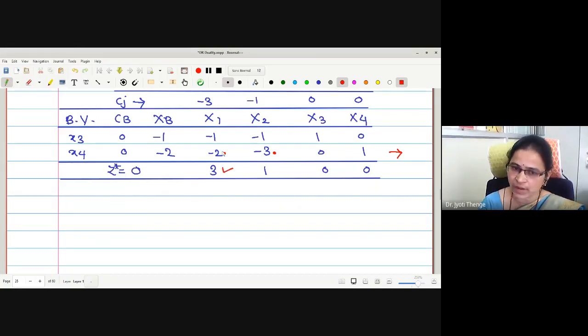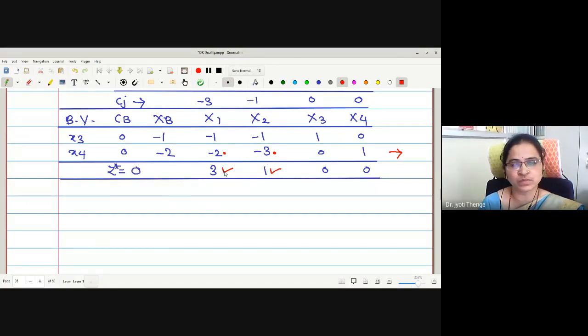Net evaluation upon this entry. We obtain 3 upon minus 2 and 1 upon minus 3. Which is the maximum? 3 upon minus 2 is the first ratio. The second ratio is 1 upon minus 3.